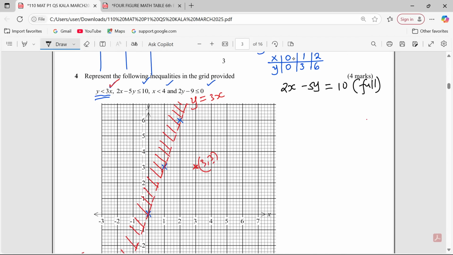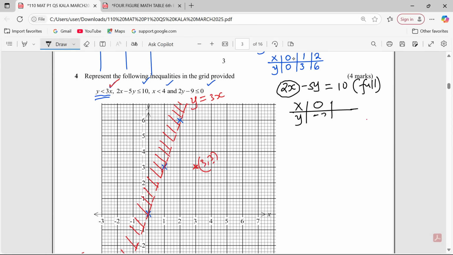So with this now, we can find some values of x and y. Let me use what you call the intercepts. When x is 0, what shall be y? X is 0, so we substitute 0 where there is x. This part becomes 0. So we will say negative 5y equals to 10. And to remain with y, we divide by negative 5 through.